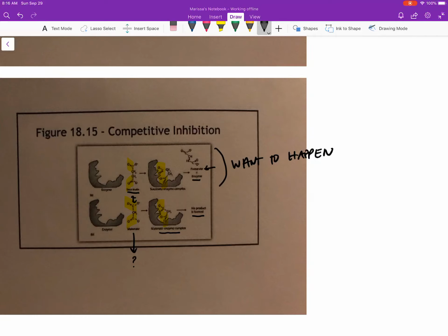So it basically comes in and blocks that enzyme. By blocking the enzyme, it means that our succinate cannot bind, at least until we figure out how to remove the malonate from its active site. So that's competitive inhibition.